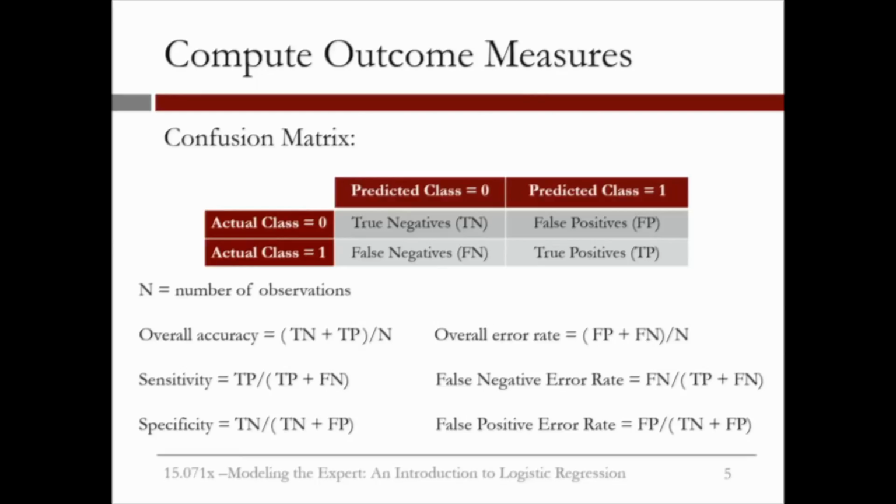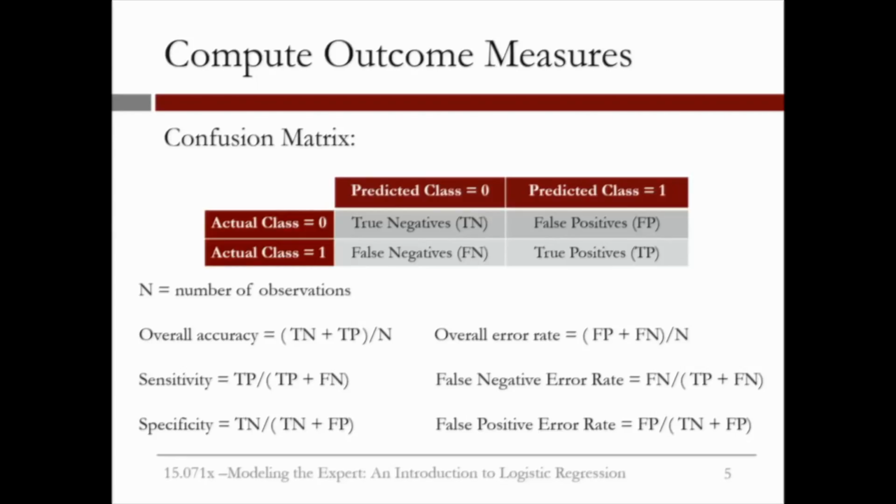An important component is the so-called sensitivity, and sensitivity is Tp, the true positives, whenever we predict poor quality and indeed it is poor quality, divided by Tp plus Fn, which is the total number of cases of poor quality.